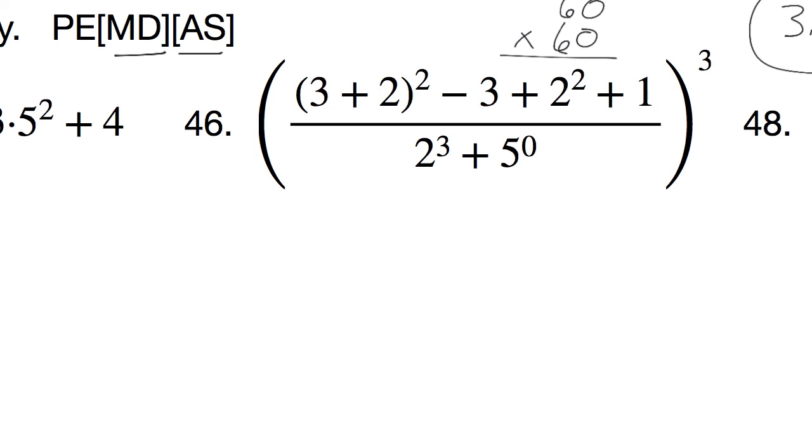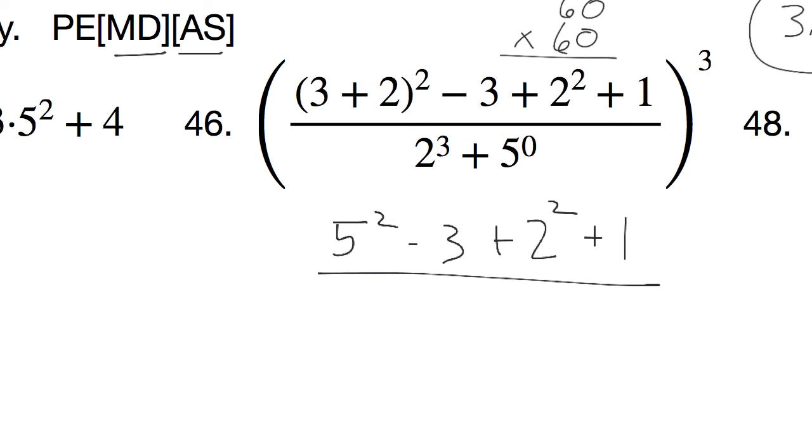You've got 3 plus 2 is 5 squared minus 3 plus 2 squared plus 1, all over 2 to the third, which is 8, and 5 to the 0, which is 1.